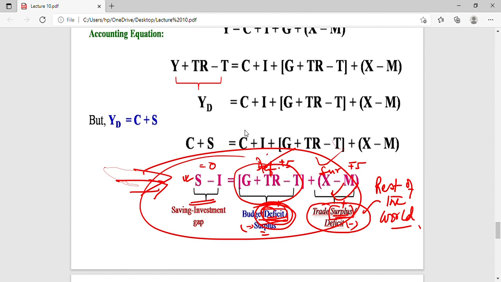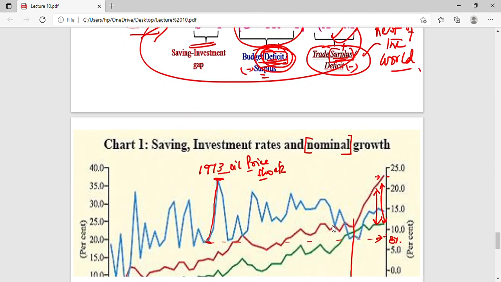So actually this equation is basically called the saving investment gap equals twin deficit, in which this shows us the budget deficit. If this is greater than 0, there will be a budget deficit, and if this is positive, then it will be a trade surplus, and if this is negative it will be a budget surplus, and if this is negative it will be a trade deficit.